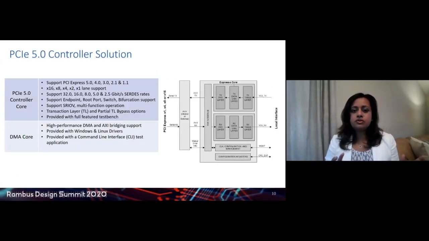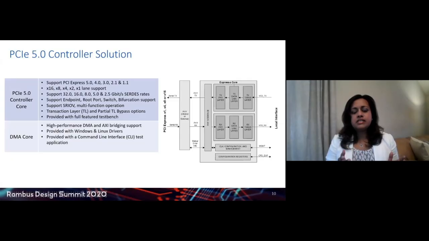It consists of the controller core and also the DMA core. The PCI Express controller core is a very flexible, high performance, easy to use transaction layer interface to the PCI Express bus. Some of the features are as follows.